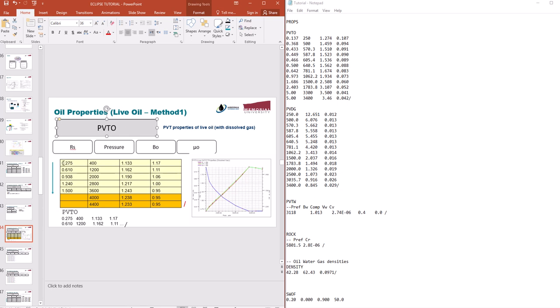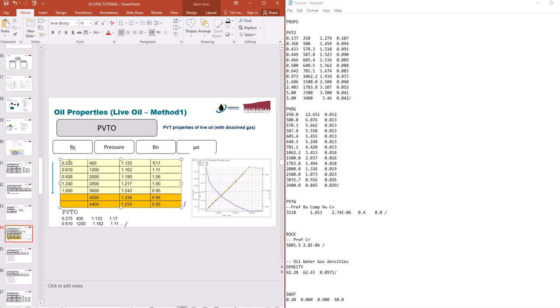This keyword takes a table. You need to provide a table for this keyword, and the first item will be RS, which should be in increasing order. The second item will be pressure. The third item will be the oil formation volume factor, and the fourth item will be viscosity.